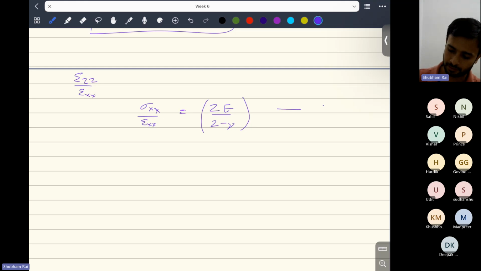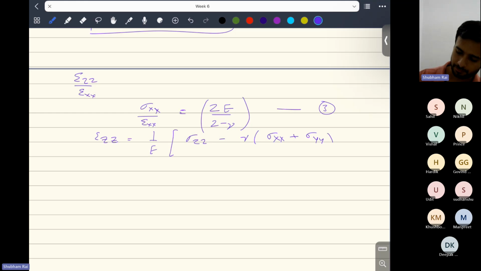So let me name it as equation number 3. And I'll just write epsilon zz, that is nothing but 1 over e times sigma zz minus mu times sigma xx plus sigma yy. And sigma zz is 0, so it will be minus mu.